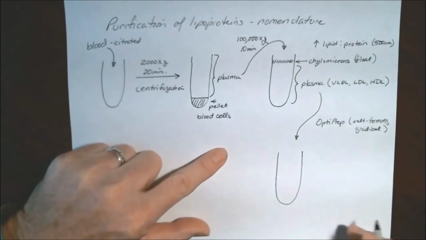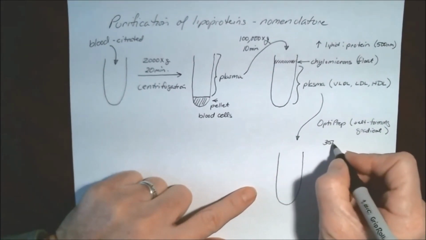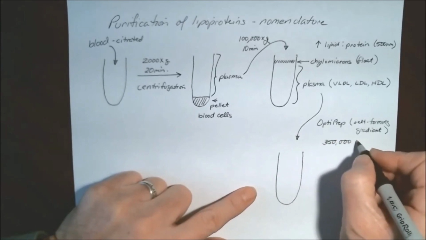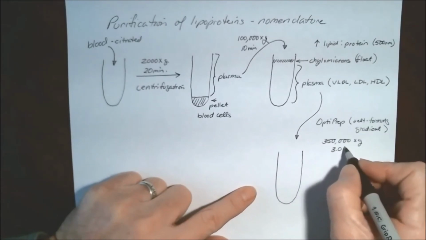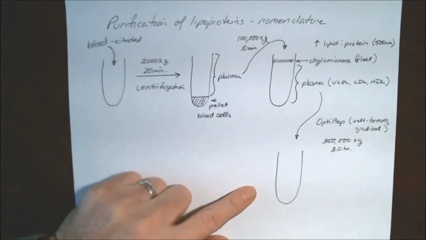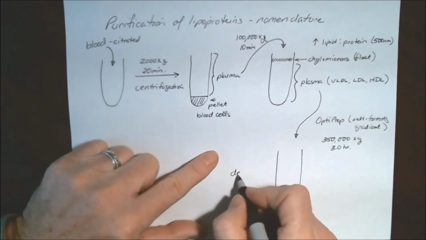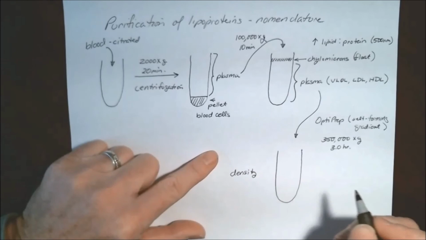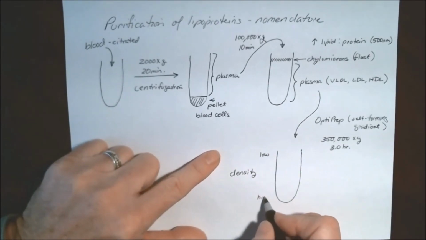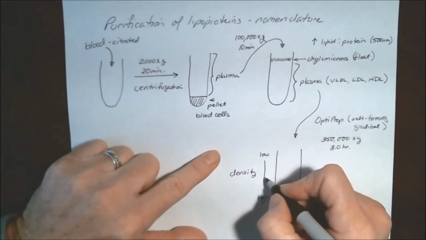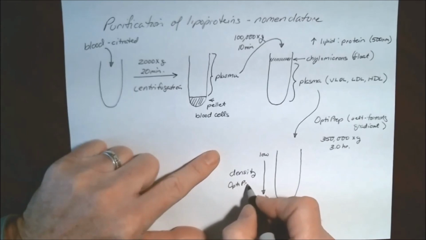What that means is upon centrifugation, which at this time is going to be increased to approximately 350,000 times g, and we are going to do this for a minimum of 3 hours, the density in this tube is going to be a gradient with low density at the top, high density at the bottom, and this density is determined by the OptiPrep.